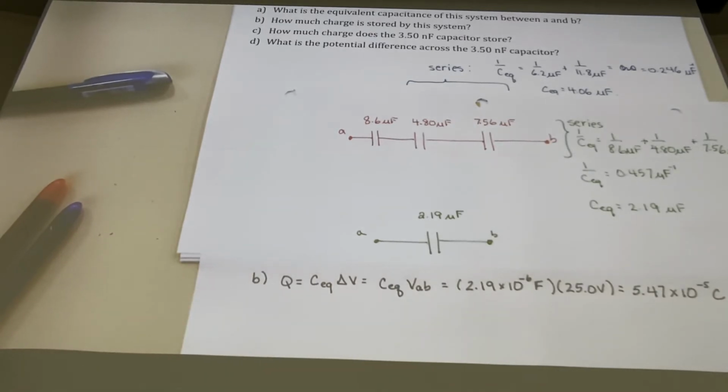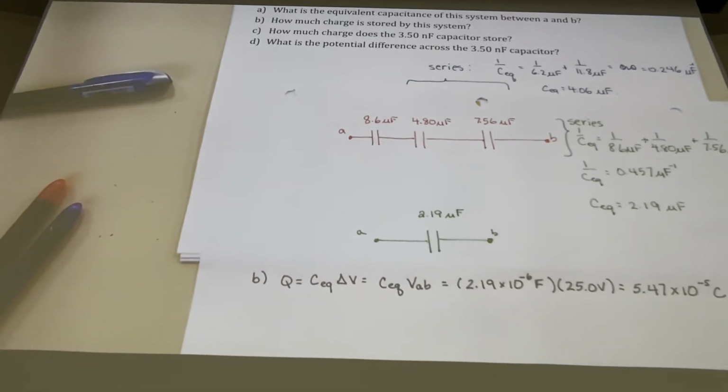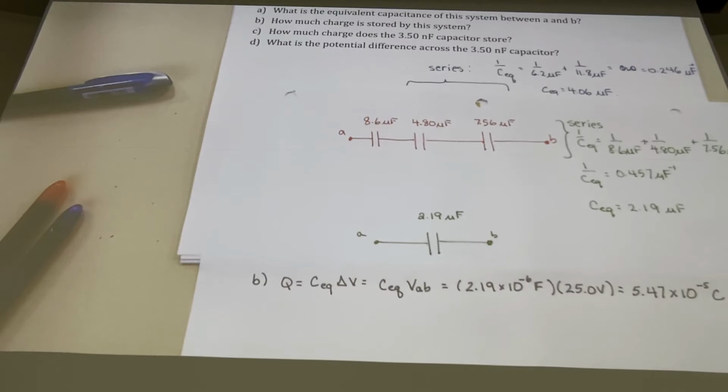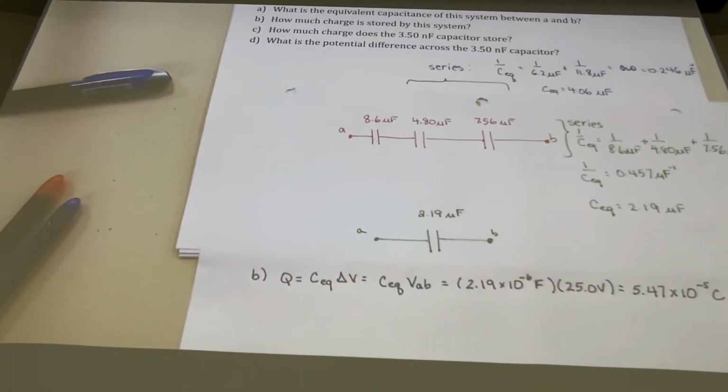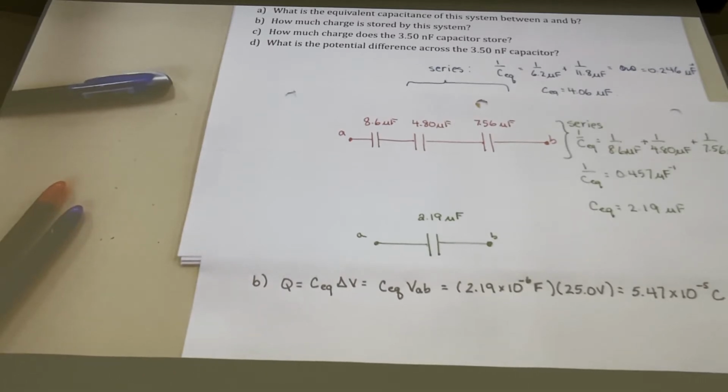And if you gave it as 54.7 microcoulombs, that would be fine too. Okay, still good?